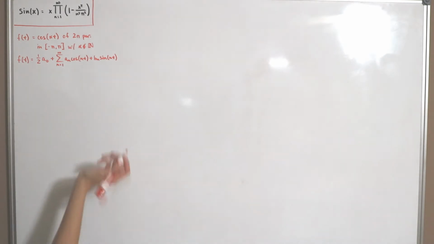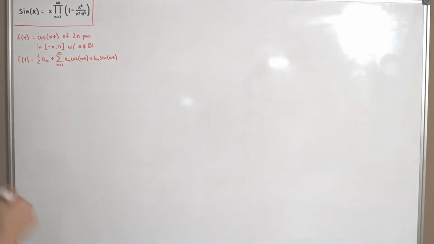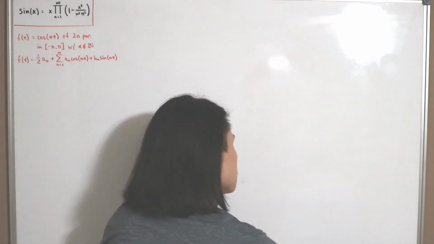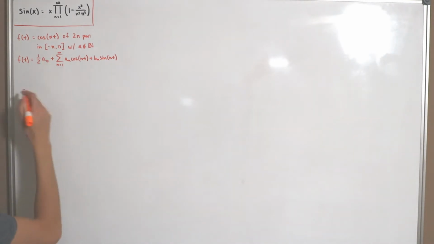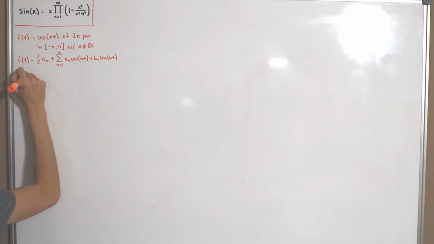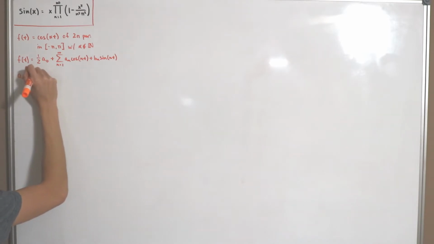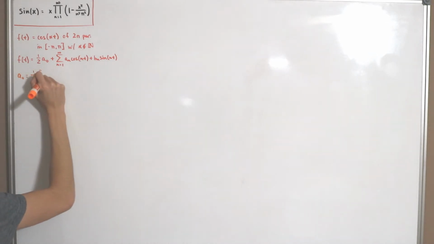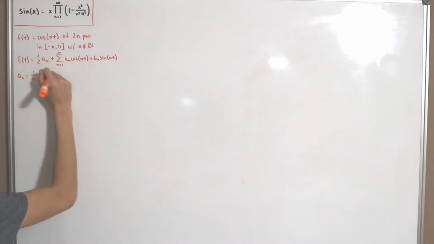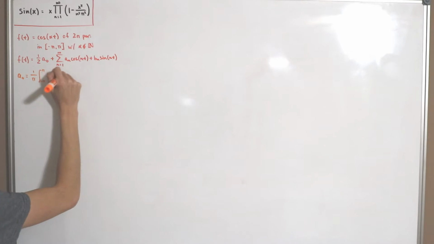Okay, and now let's define those coefficients, and let me define these coefficients in orange instead. First, a sub naught is defined as 1 divided by pi, multiplied by the integral from negative pi to pi of f of t dt.